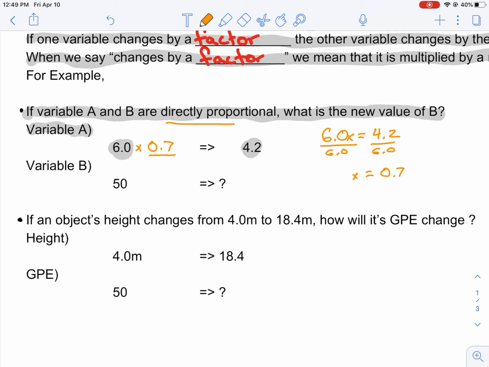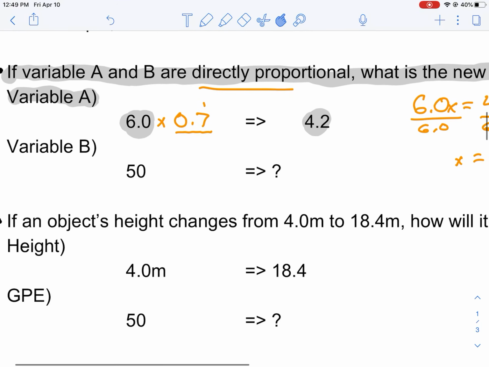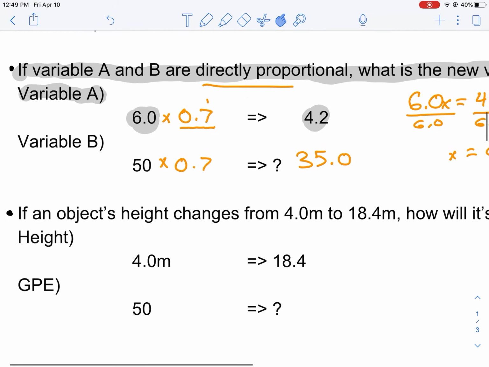So we would know that if variable a is changed by a factor of 0.7, then you'd know that variable b changes by a factor of 0.7. So 50 times 0.7 equals 35. So that is how you would solve a question like that.